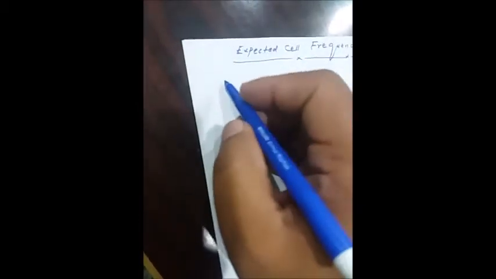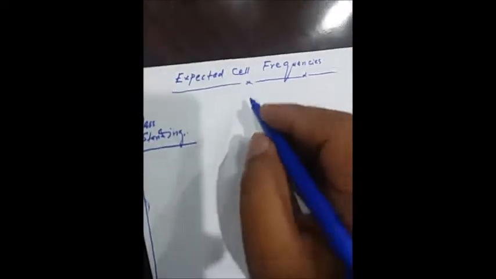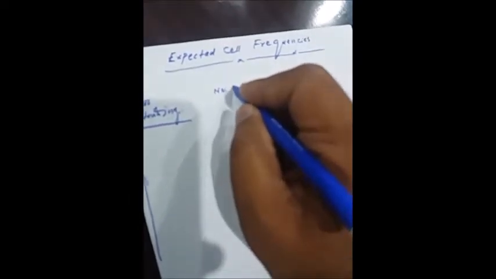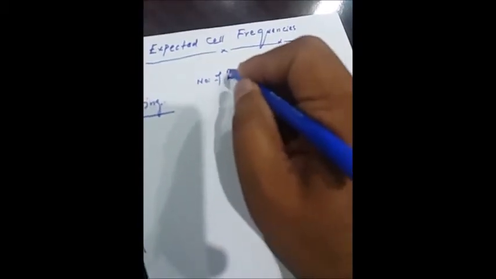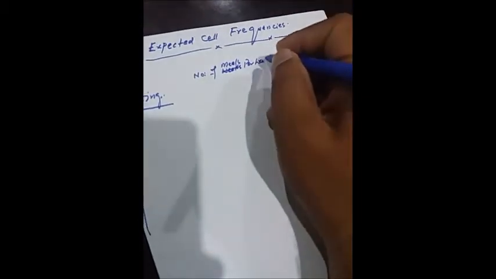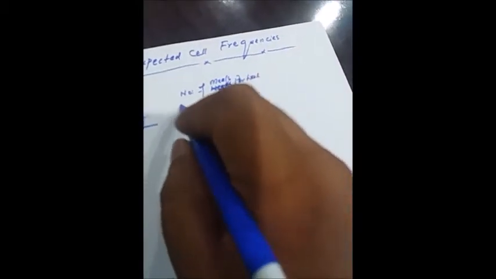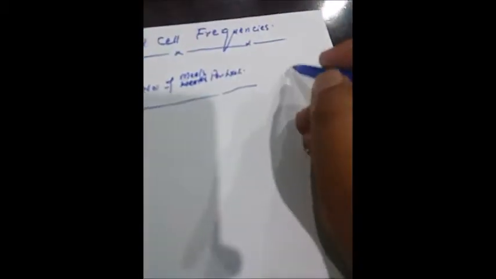Class standing is one categorical variable, and number of meals per week is the second categorical variable, and total.